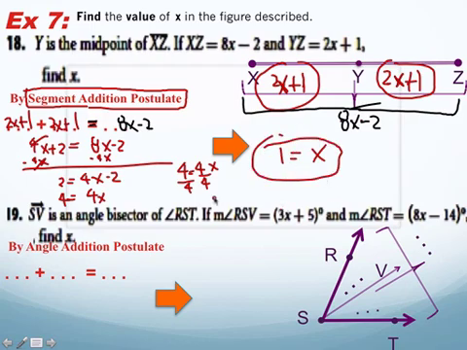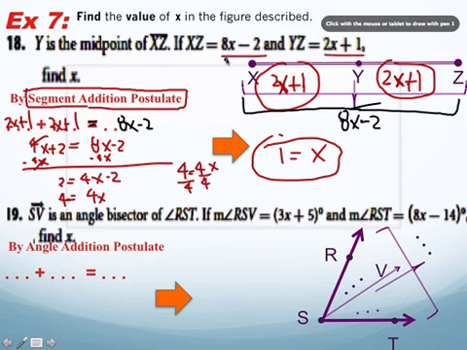Similar idea here. SV is an angle bisector of angle RST. Okay, so basically what you should do is, every time they give you some values, right away start inserting that information in the diagram. Thankfully, I provide a diagram here. If I don't provide a diagram, just remember you need to draw an angle. Bisector means it's something that's going to cut the angle into two equal pieces, two small angles.